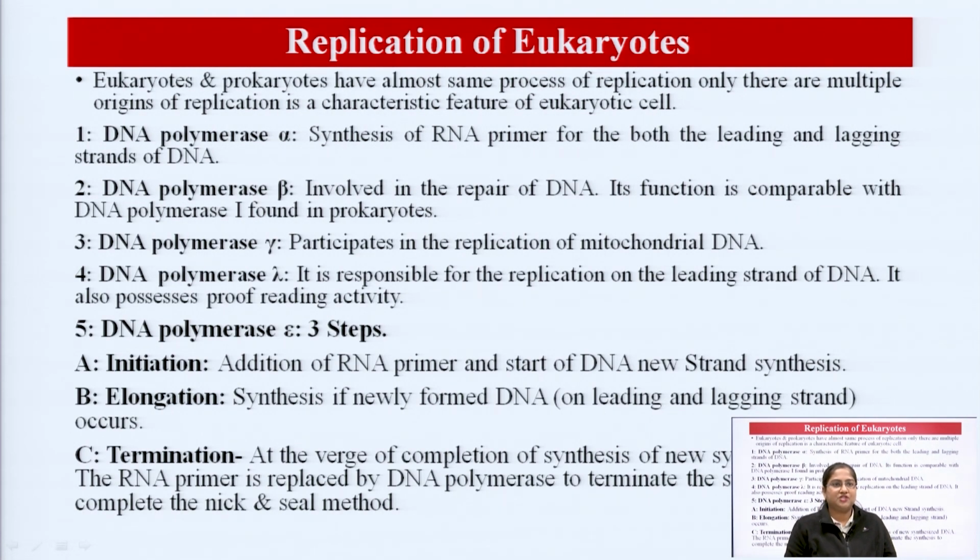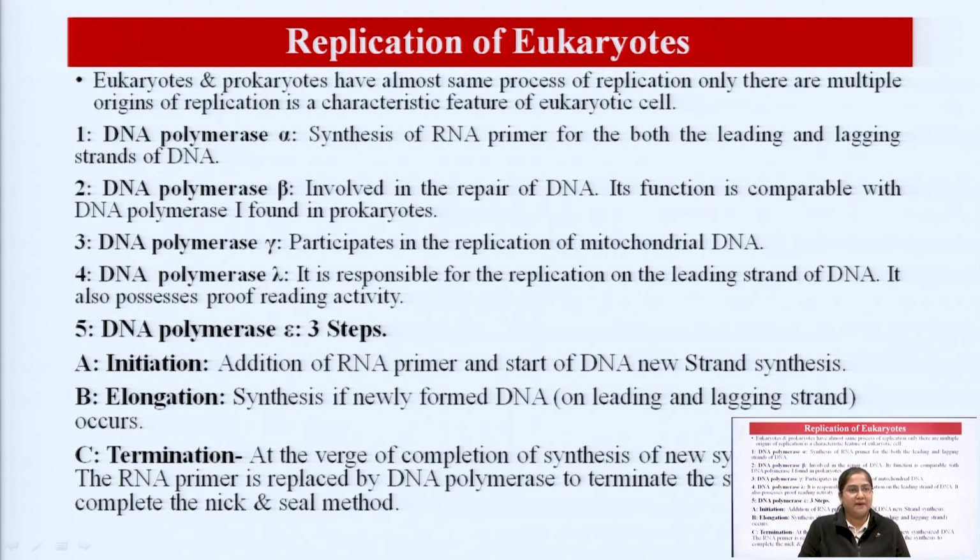This is the replication in eukaryotes. It is almost the same, but as we know, eukaryote is a more complex organism than prokaryote, so it has several more enzymes, that is DNA polymerase alpha. There is synthesis of RNA primer on both leading and lagging strand. DNA polymerase beta helps in DNA repair.